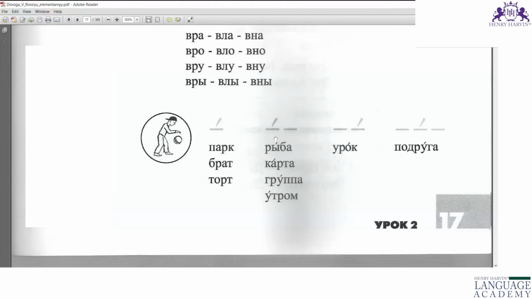Okay, so in all these words, we can see the letter R. And these are again our new words, so let's write them down. Park, brat, торт. I will make a vocabulary with you.